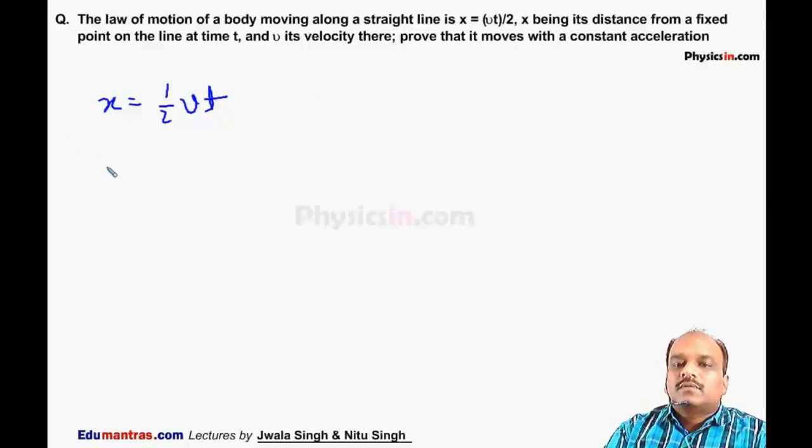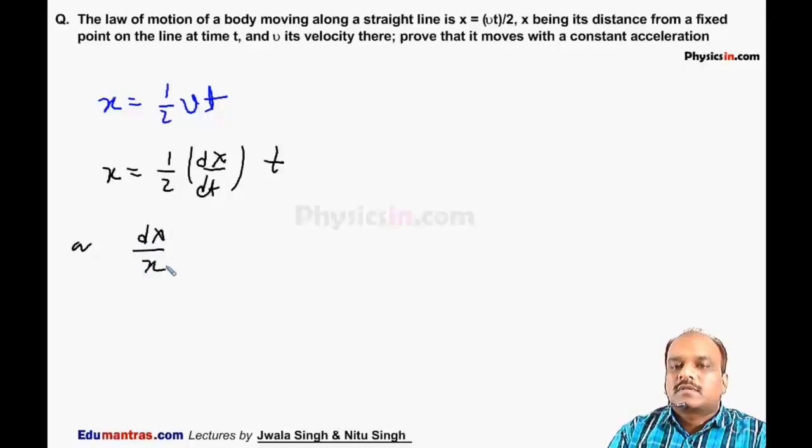As we know, x is equal to 1 by 2, v can be written as dx by dt, multiplied by t. So this can be written as dx by x is equal to 2 times dt by t.